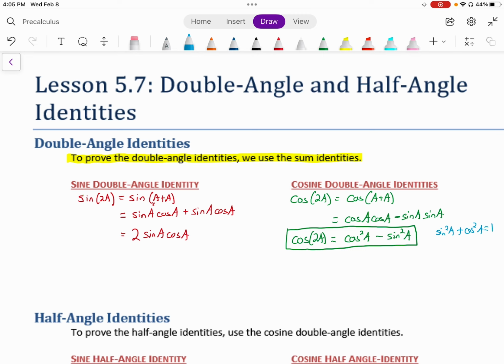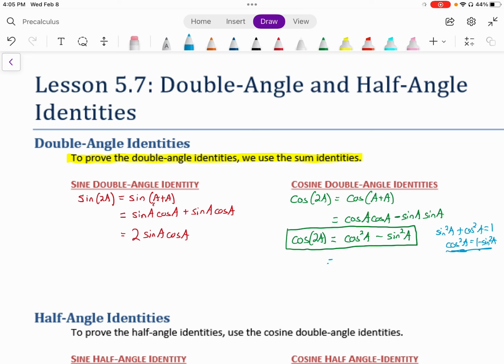And so we can have different variations of this. So if we subtracted sine squared from both sides, we would get cosine squared of a equals 1 minus sine squared. And we can go ahead and put that into that equation in the box. We can take out cosine squared and put in 1 minus sine squared.